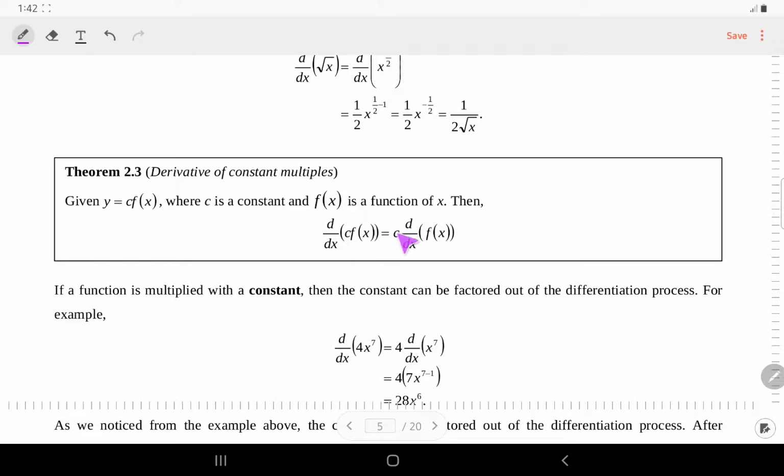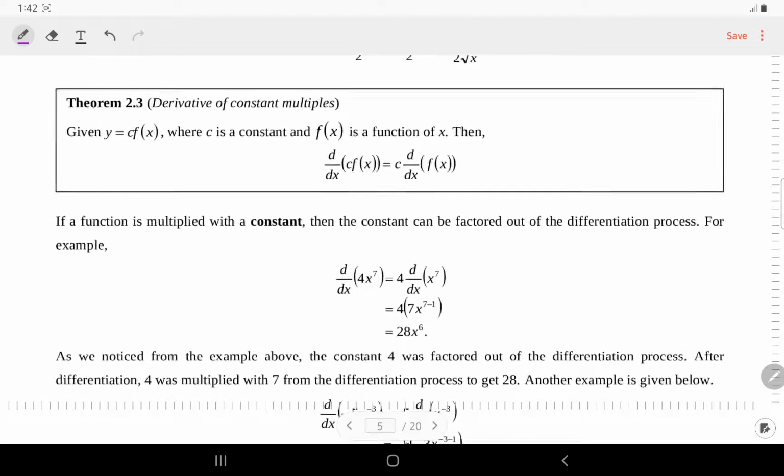So yang constant c, just bring it in front, and then you just differentiate the function yang belakang tu. Okay, constant tu biarkan dia. Okay, for example, we want to differentiate this function for x power of 7. Okay, for x power of 7. So the constant here is 4. So 4, bring it in front. So you just need to differentiate x power of 7. Okay, so 4 biarkan dia.